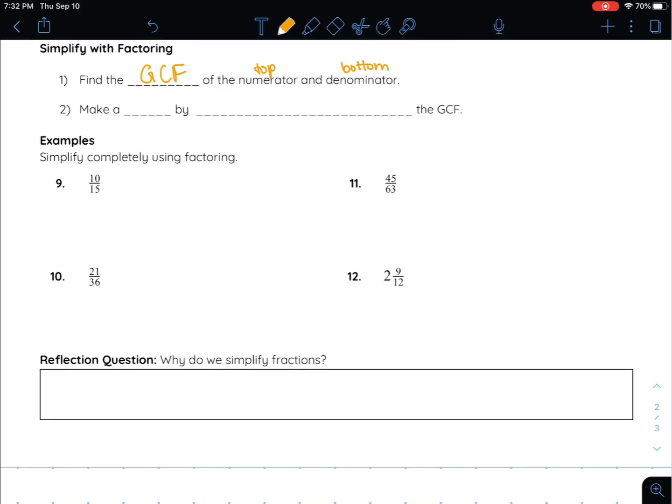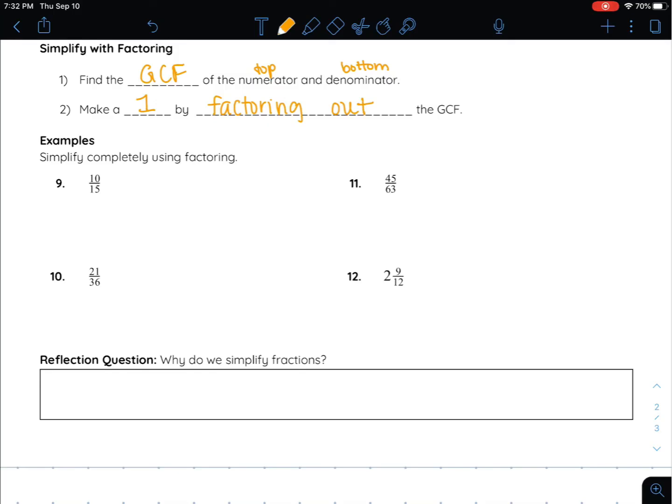And what we're going to do is we're going to make a 1 by factoring out the GCF, okay? Simplify using factoring. So we're going to apply this, and it will make more sense after I show you what I mean by factoring out a 1, okay?